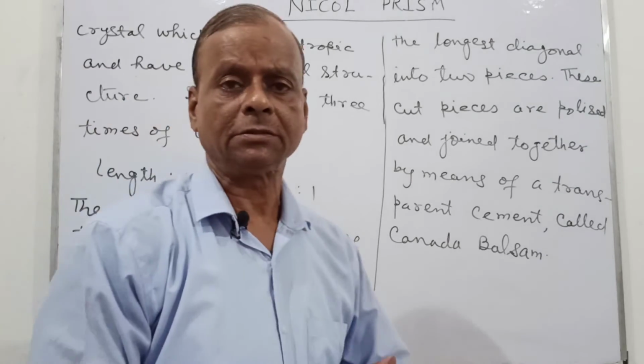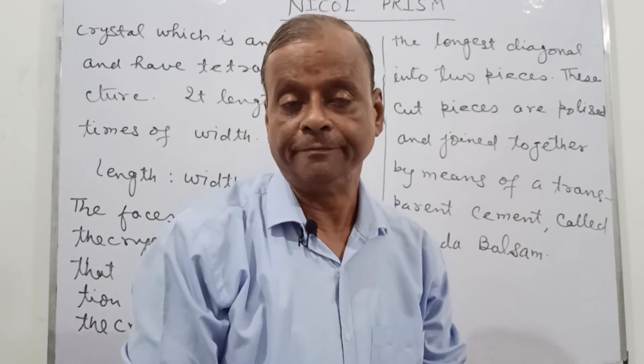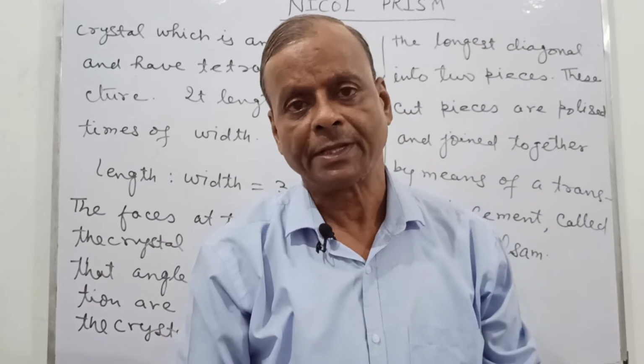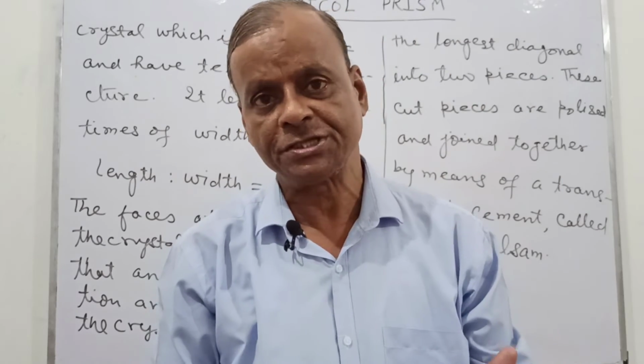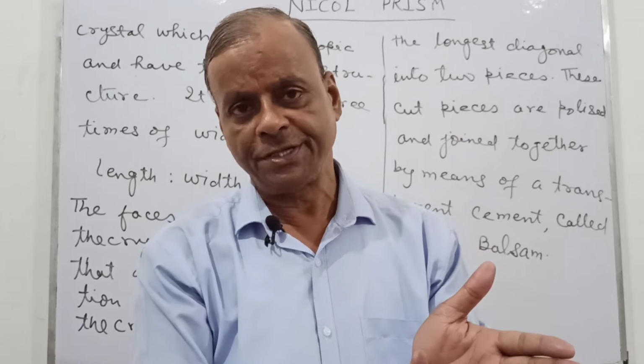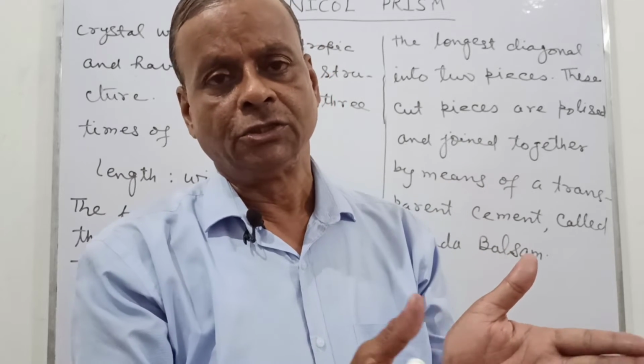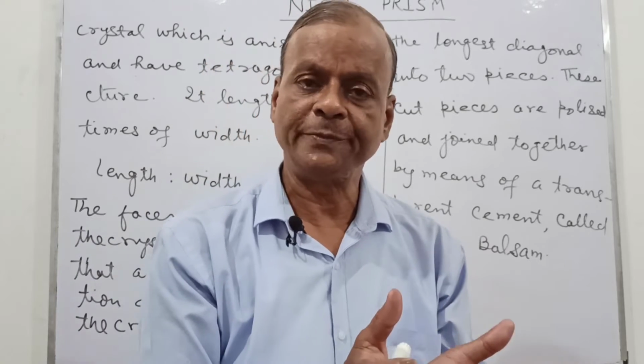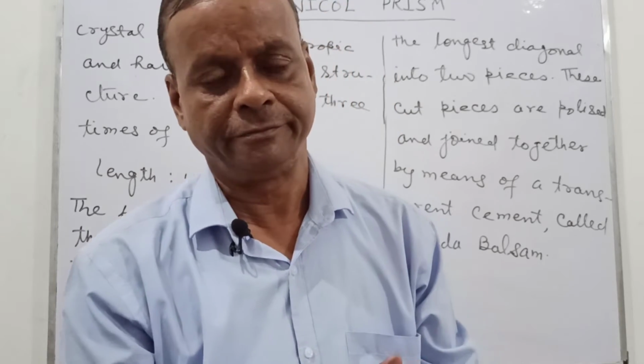So after grinding them, we choose the longest diagonal and then it is cut into two pieces. The cut portions are polished and then joined together by means of a transparent cement called the Canada balsam.